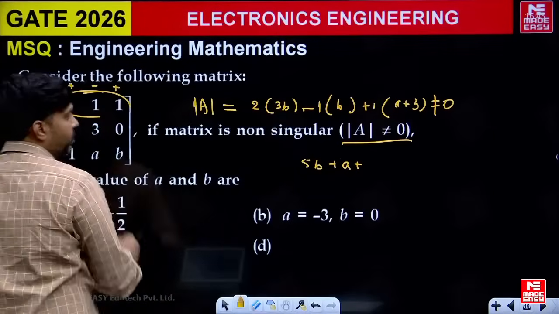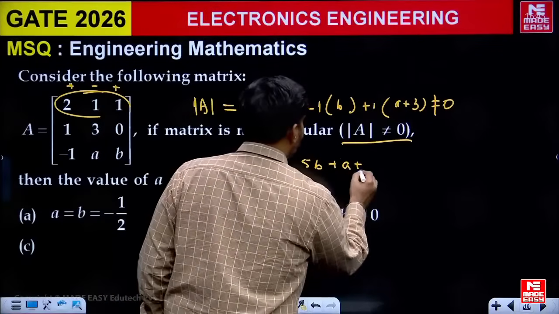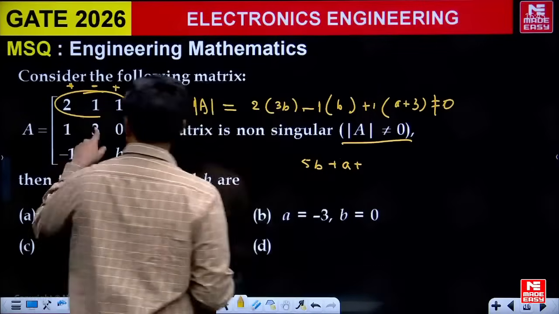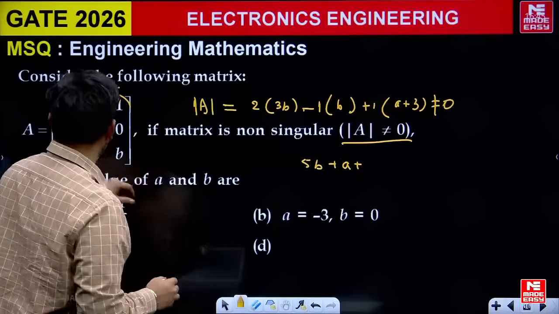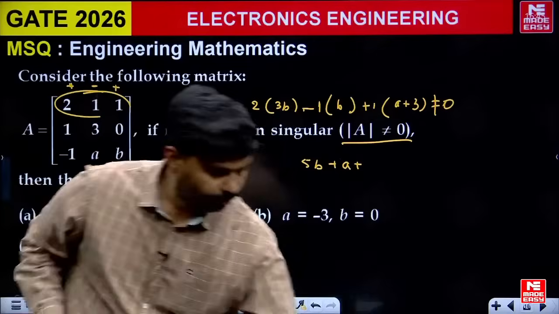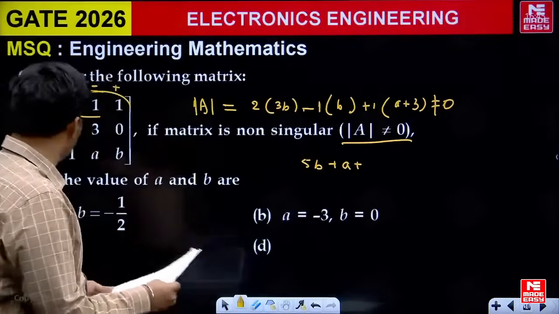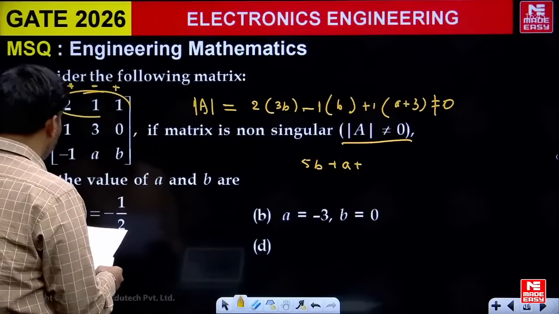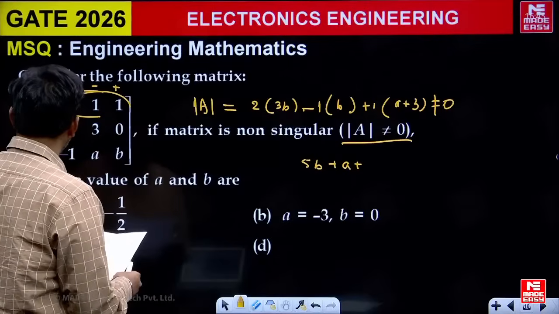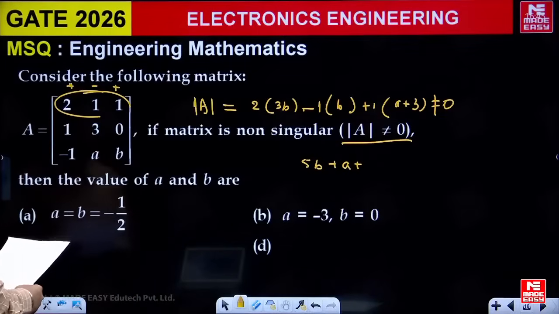So a plus 3: here 2 into 3b is 6b, and minus 1 into... let me tell you whether this is the right one or wrong one. Minus 1 times AB.